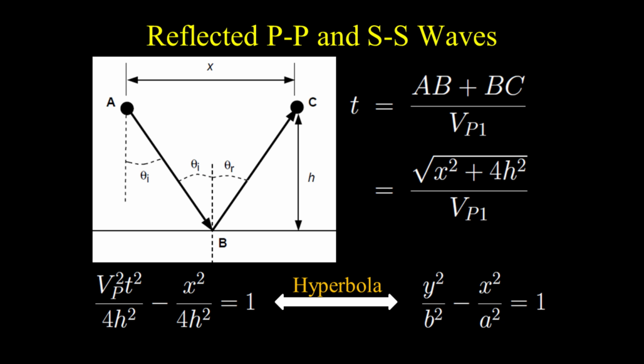This is our first important result in this lecture. In other words, the travel time equation for a horizontal interface problem can be arranged in the same form as the equation of a hyperbola. Y is t, A equals 2h, B equals 2h over velocity, and x is unchanged.